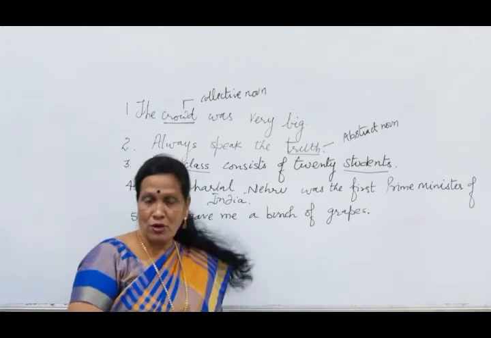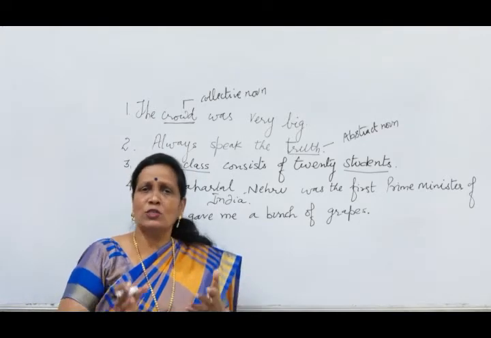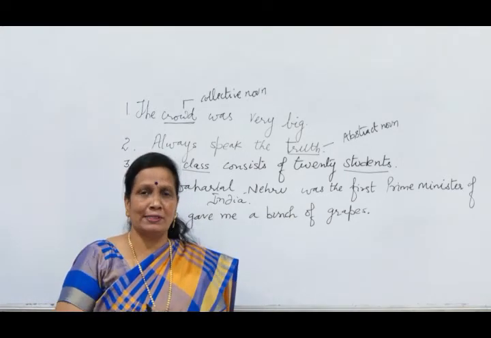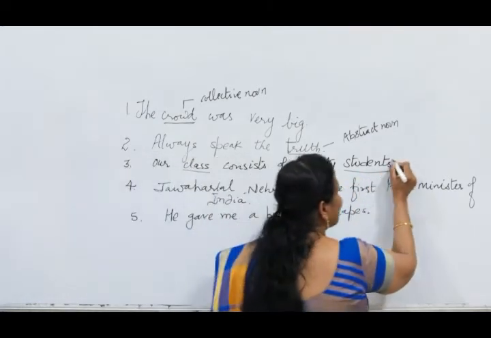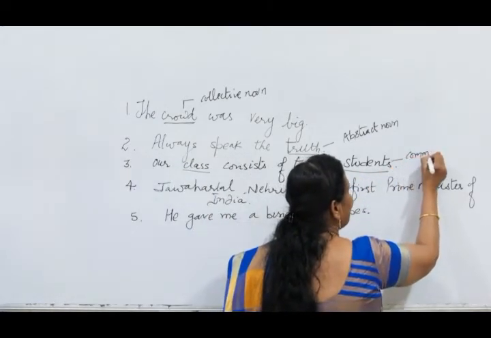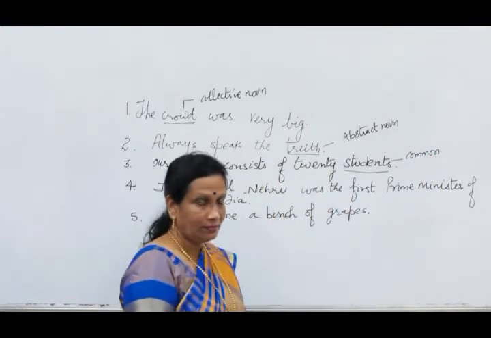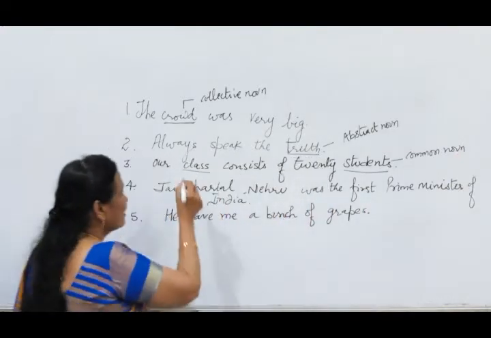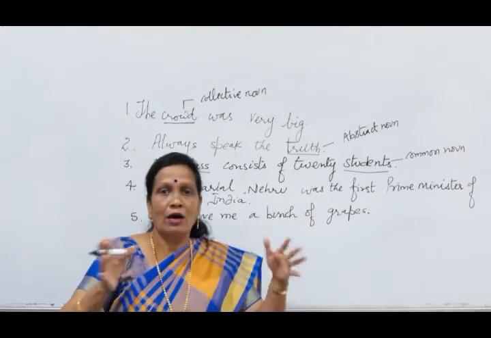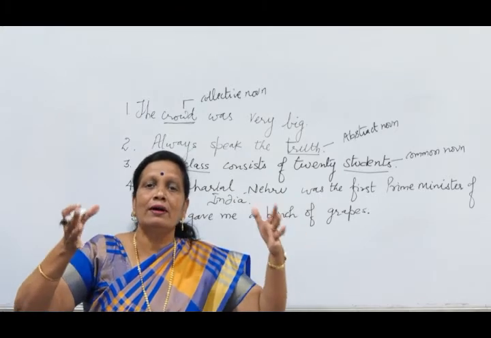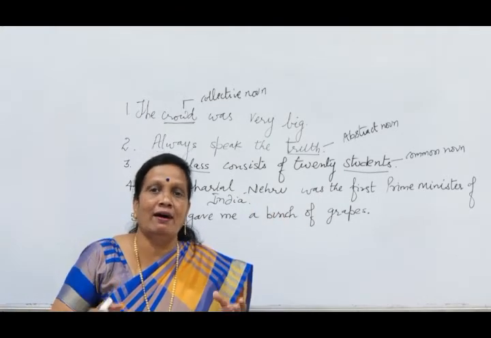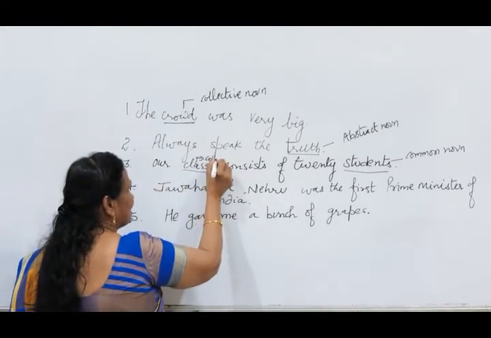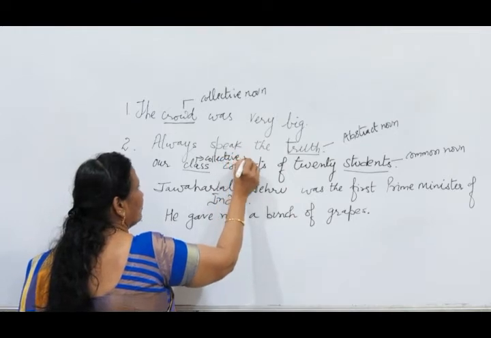But here we are talking of students. A school has so many students. A class has many students. So students will be a common noun. Student is a common noun. And class, we are talking about a group of students together in a place known as class. So what is class children? It is a collective noun.